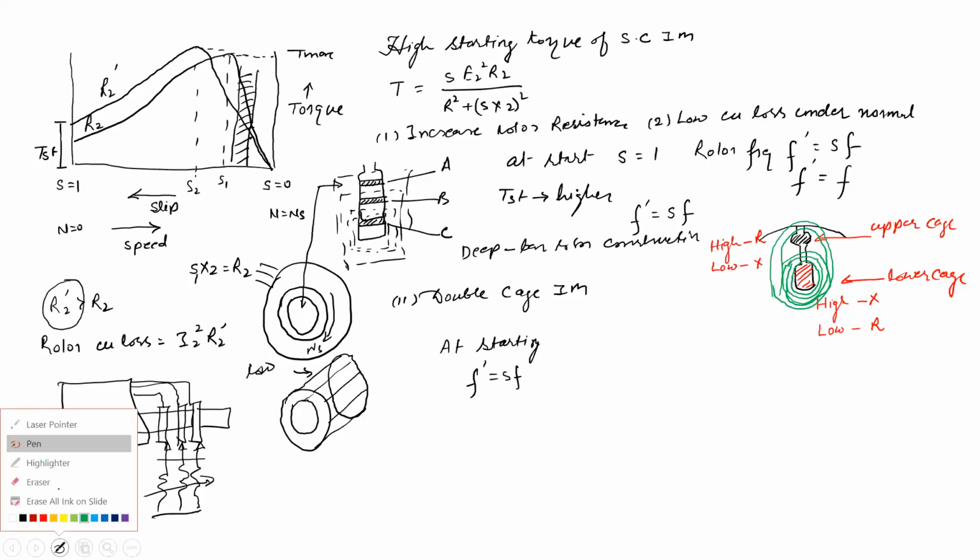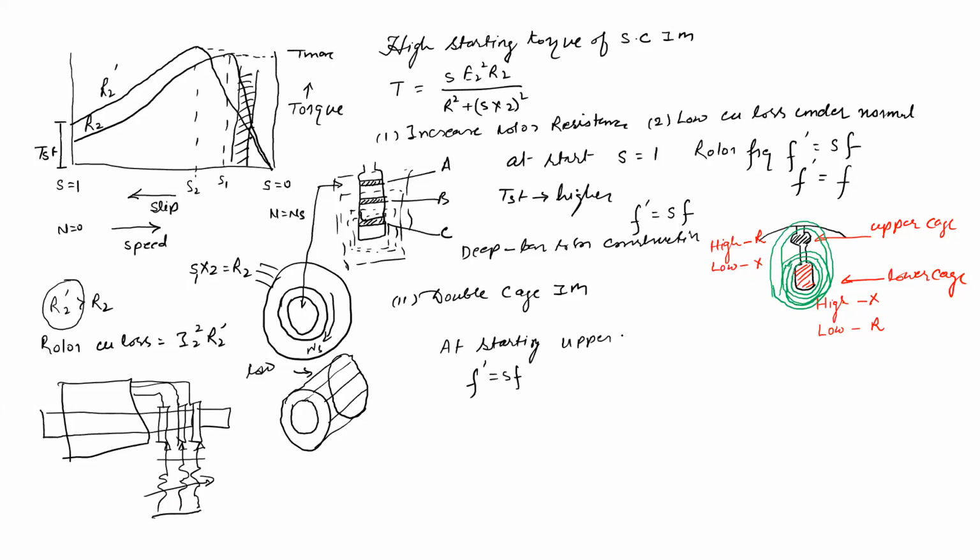So we'll write this over here. At the time of starting, first we take the case of the upper cage. The flux is higher at the time of starting, as the frequency of the rotor circuit and supply frequency are the same. Under such condition, the upper cage resistance will be higher.